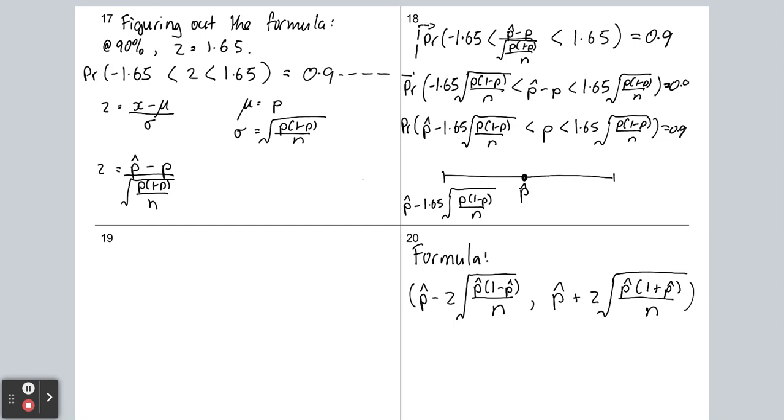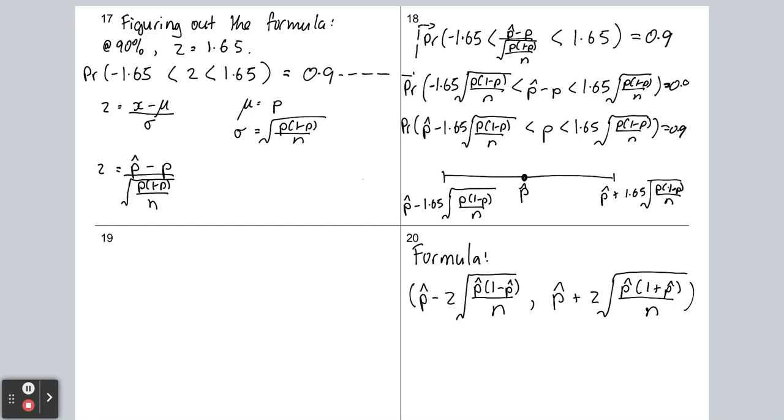And the boundary on the other side is p hat plus 1.65 multiplied by the square root of p, oops, keep on saying that, p outside of 1 minus p all over n. So that's what our interval will be.